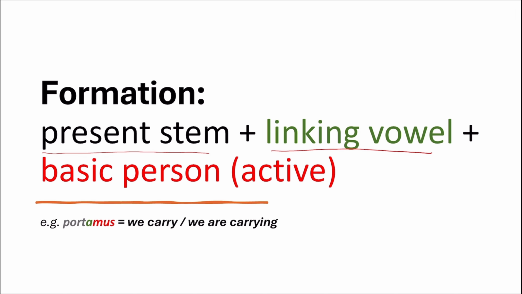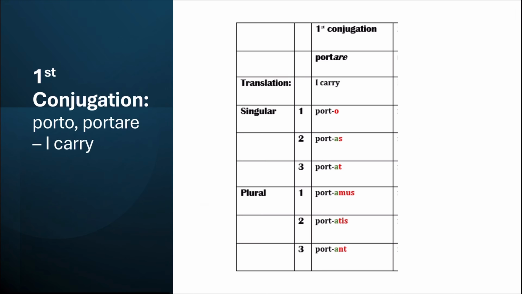You can see for our first conjugation, the linking vowel is going to be an A. So here we have porto, portas, portat, portamus, portatis, portant. So this is always going to be I, you, singular, so if there's just one of the person you're addressing, he, she, or it, then we, you, plural, so if you're talking to a crowd, or more than one person, and they.